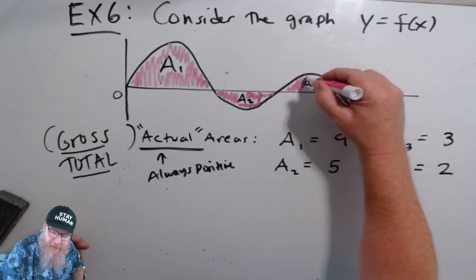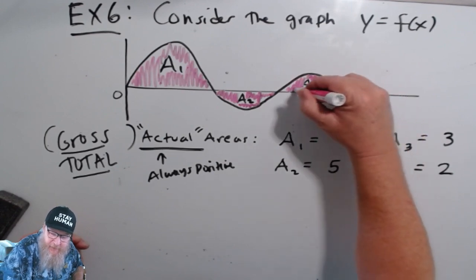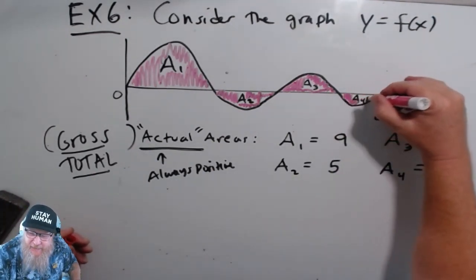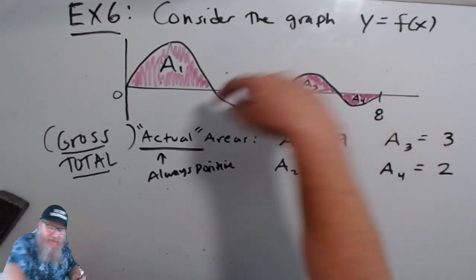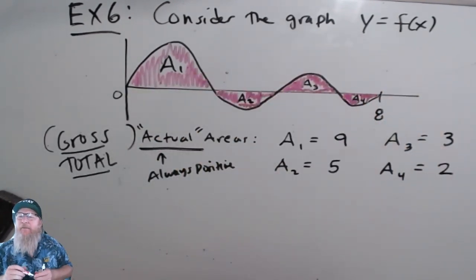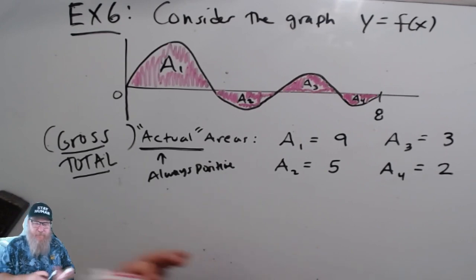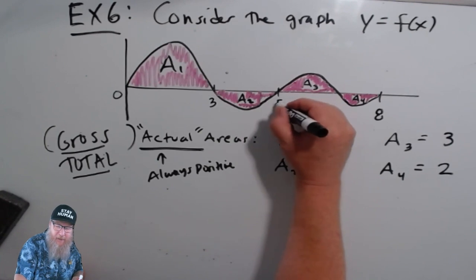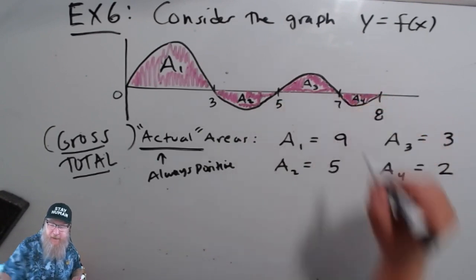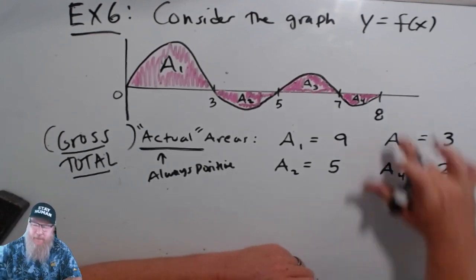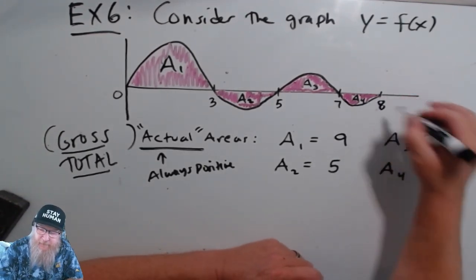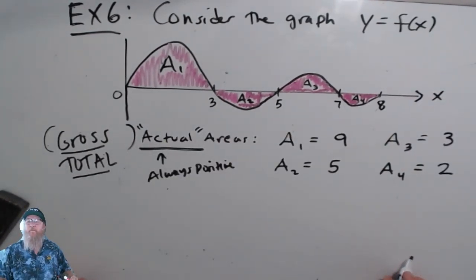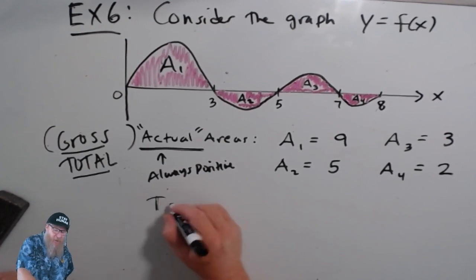So if you fill these up with actual substance, even if they're below the axis, the actual space that it takes up is still positive, even though the y values are negative. Let's put some more values on here. Let's call this 3. Let's call that 5. And let's call that 7. And then we already called this one 8. Right. So those are the x values. So what's the total area?